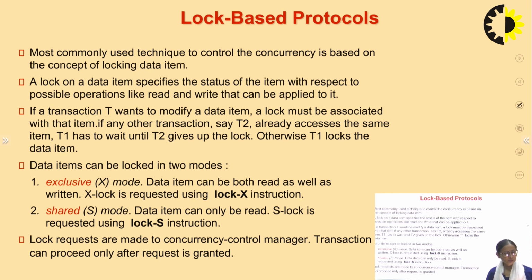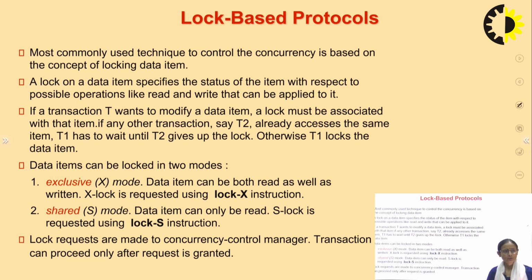And how are we denoting these locks? Exclusive lock is denoted with the help of lock X. Shared mode is denoted with the help of lock S. Lock requests are made to the concurrency control manager. That is, whenever you are requesting a data item, you have to lock it. And where is your lock request going?